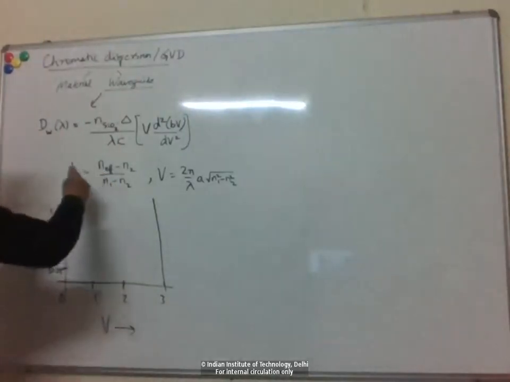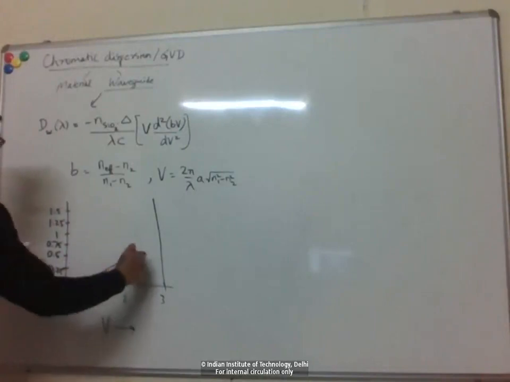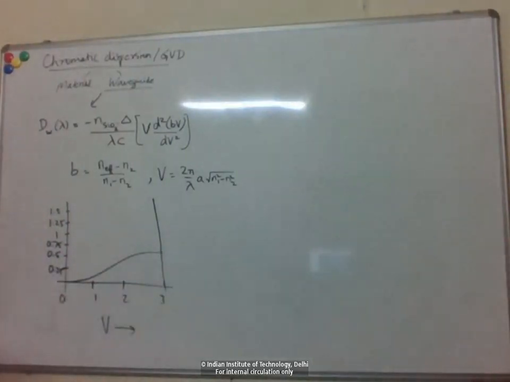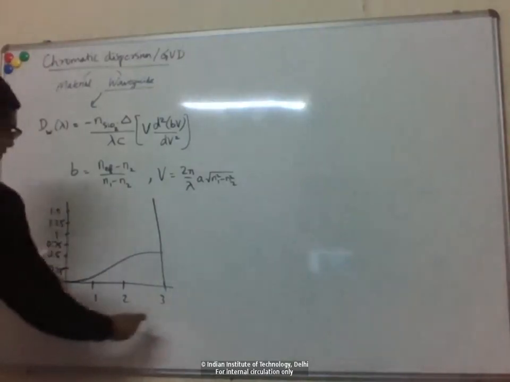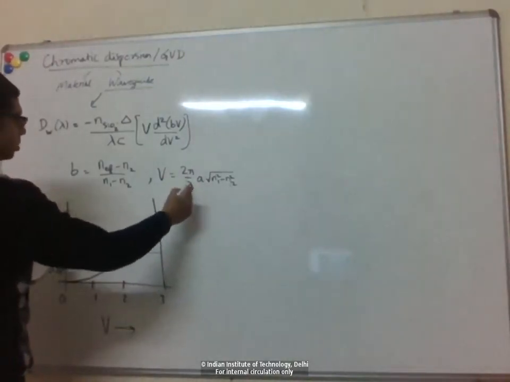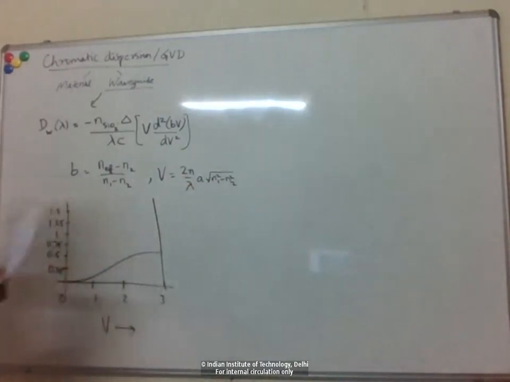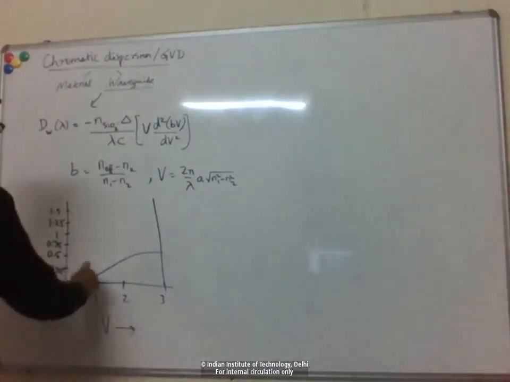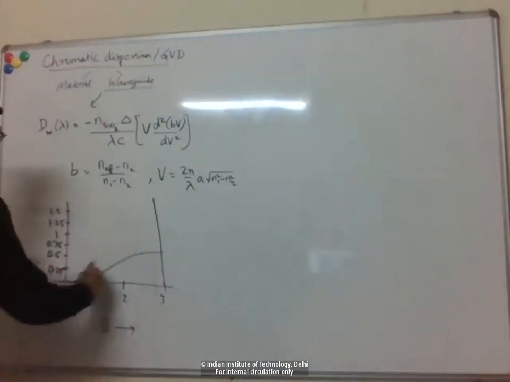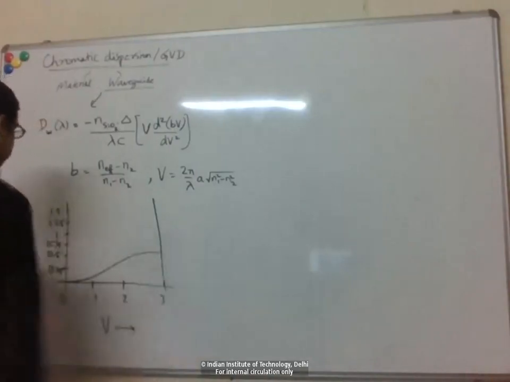Right, so the small b lies between 0 and 1, right? Small b goes like this. Right, as you increase the V number, so for a given fiber, if you decrease the wavelength or increase the frequency, the mode gets more and more confined into the core, and this b parameter increases, right? And it approaches 1 for very high V numbers.